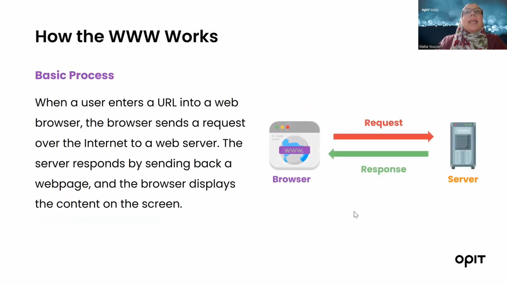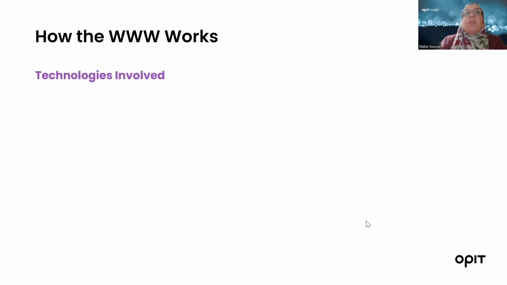So what exactly happens? How does the WWW work? When a user enters a URL into a web browser, the browser sends a request over the internet to a web server. The server responds by sending back a web page, and the browser displays its content on the screen.